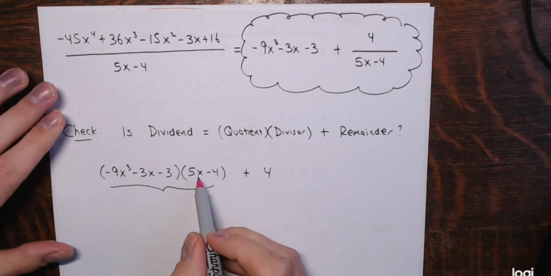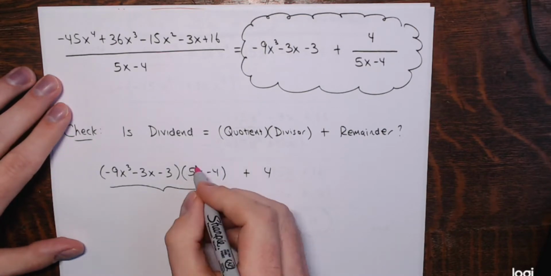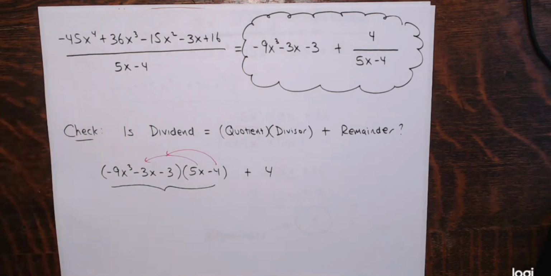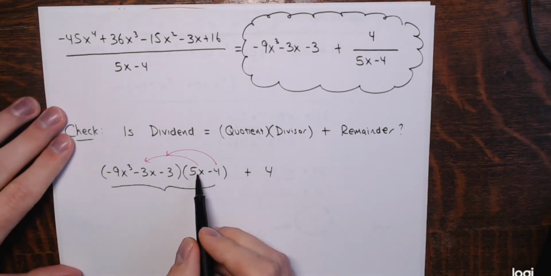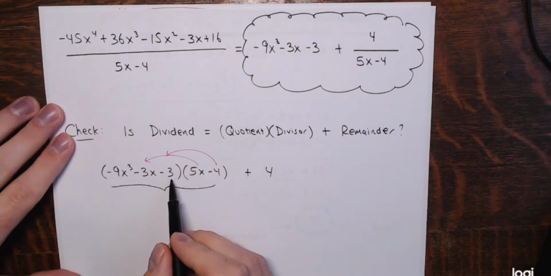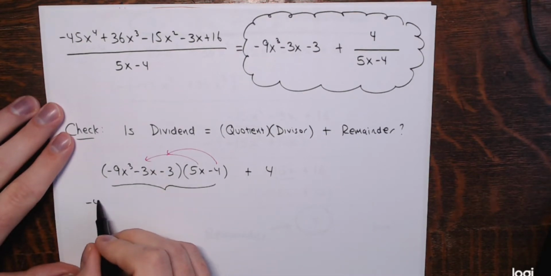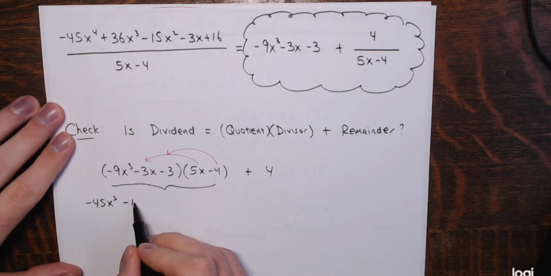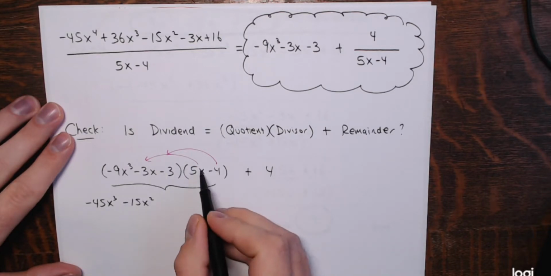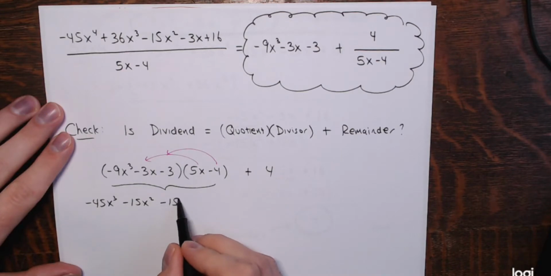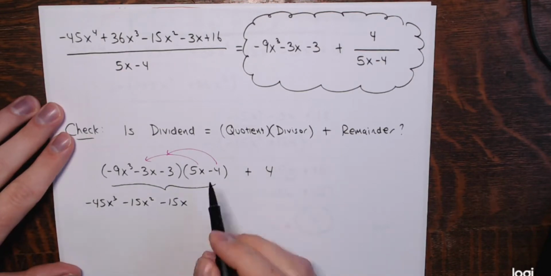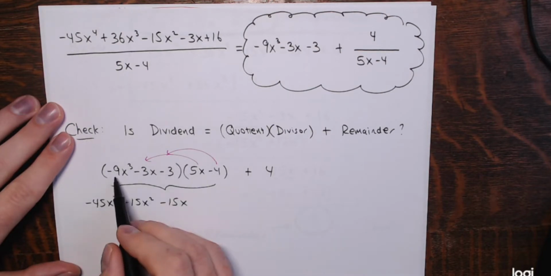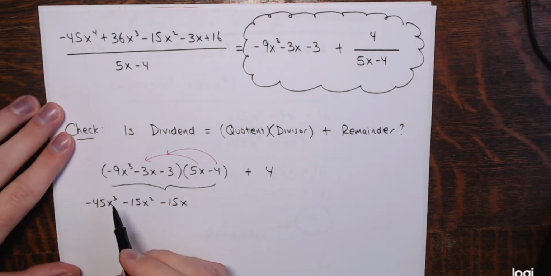So I'm going to distribute the terms of 5x minus 4 to the one with 3 terms here. First I'll distribute the 5x to this negative 9x cubed minus 3x minus 3. That'd be a negative 45x to the 4th, then minus 15x squared, then minus 15x, and then distributing the negative 4, we get plus 36x cubed.